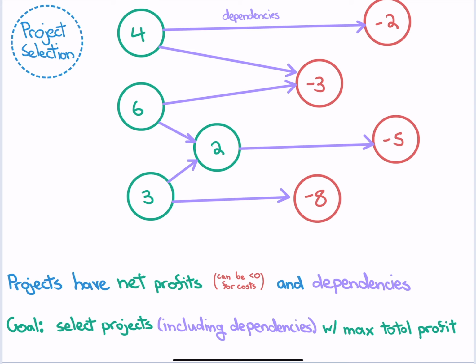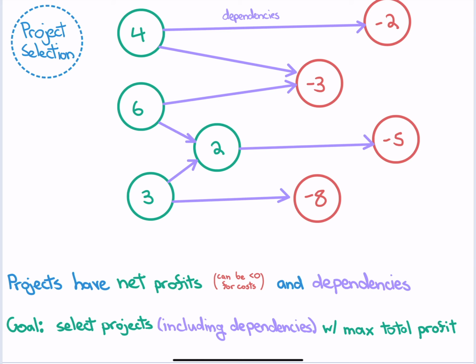So why do I even have costs at all? We're also going to have dependencies. If I want to do this really profitable project, I have to do some expensive projects first or something like that. So I've drawn purple edges to map dependencies so that 4 requires doing a -2 and a -3 just to build the 4 and stuff like that.